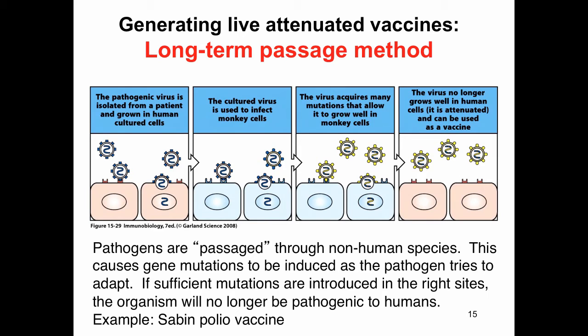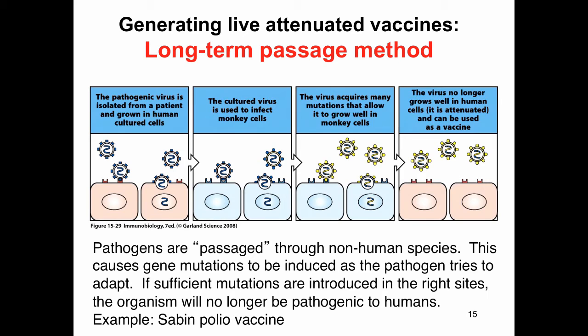The way that vaccine is made, at least historically, was that the original poliovirus was passaged through non-human host cells, and that caused gene mutations to be induced to allow those viruses to live in a non-human species, not its primary host.